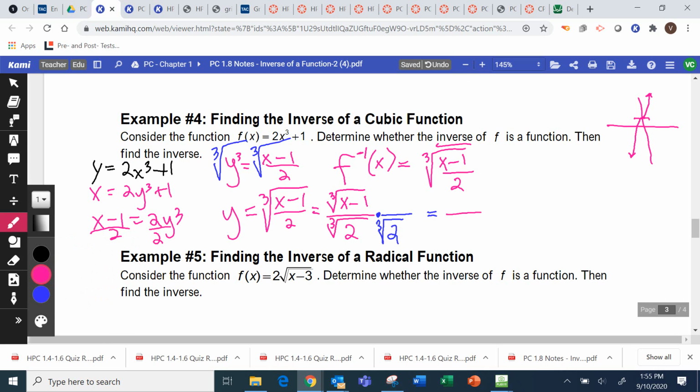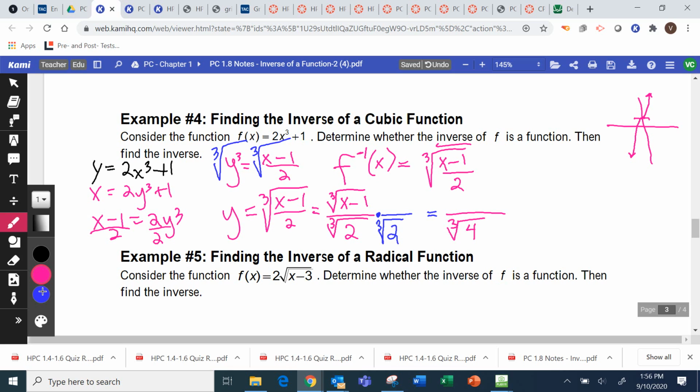I will get the cube root of, what's 2 times 2? 4. Is 4 a perfect cube? So multiplying by the same thing might work if it's a square root, because then we'll get the number squared. But with a cube root, you can't multiply by the same thing necessarily.